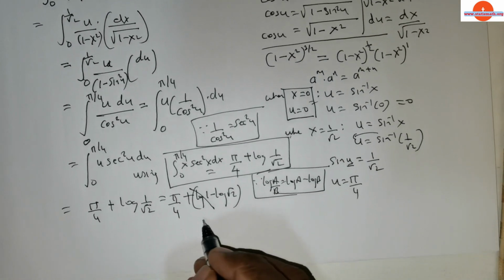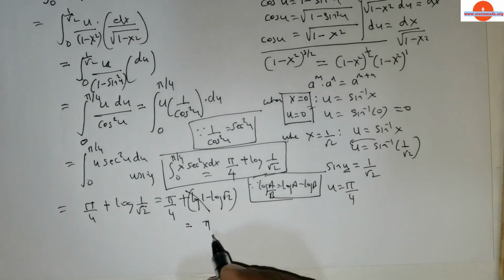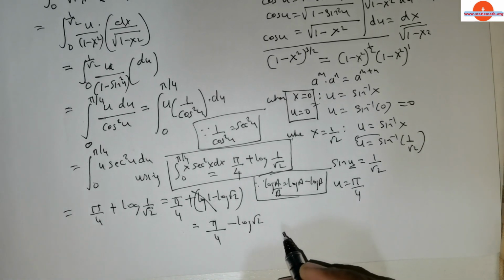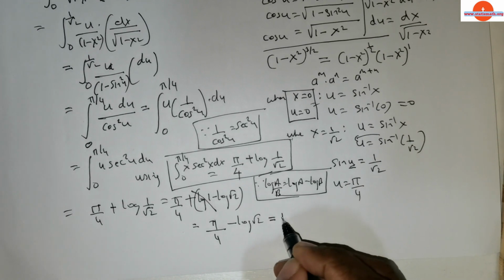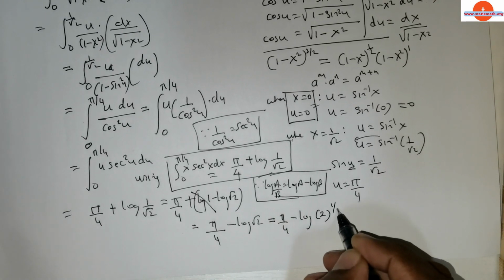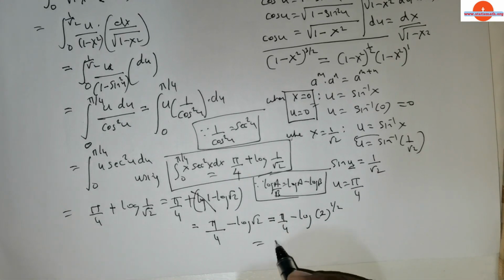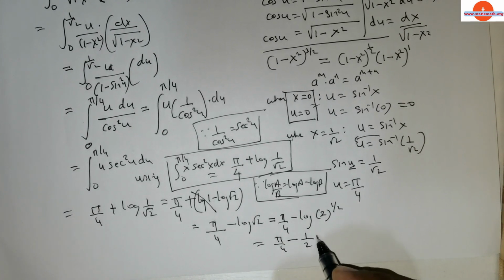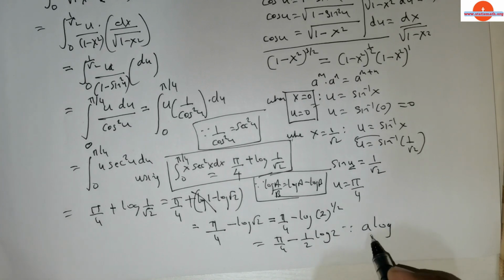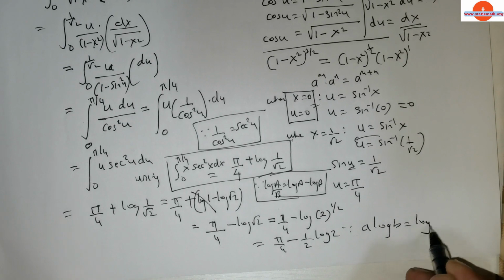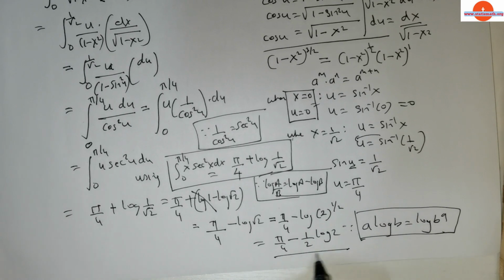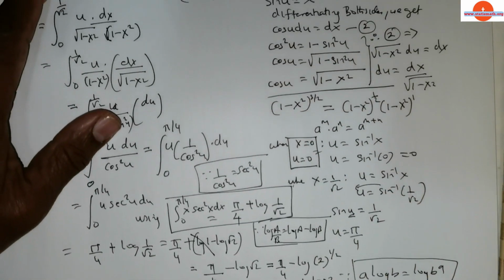So now we would have pi over 4 minus log of root 2. Root 2 can be written as 2 raised to the power 1 over 2, which can again be rewritten as pi over 4 minus 1 over 2 times log 2. Why do I write it like this? Because I know a times log b is log of b to the power a. So this is the final answer to this question.